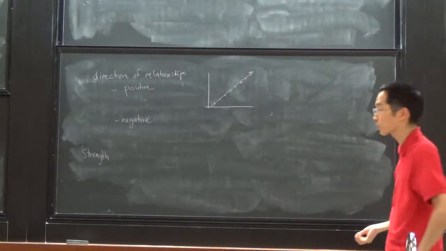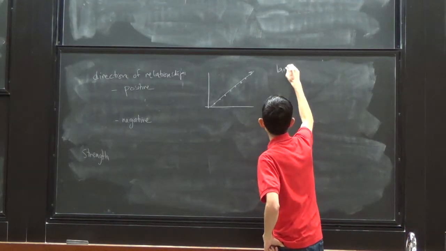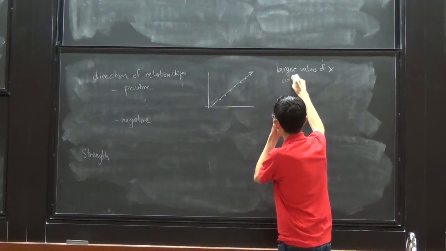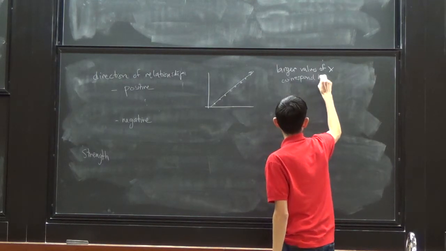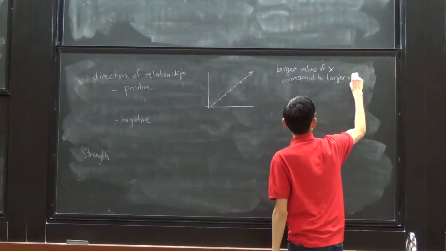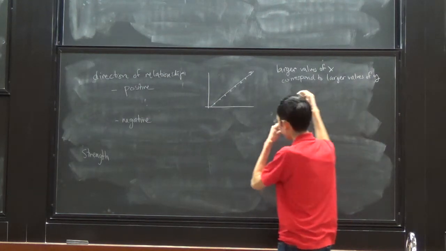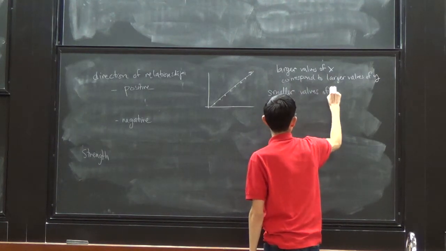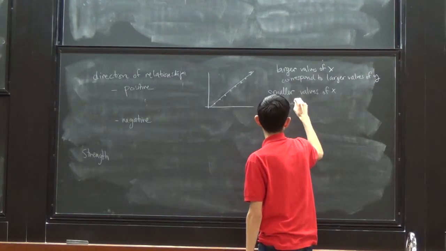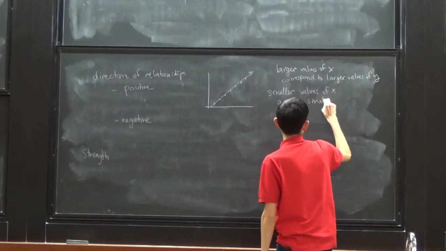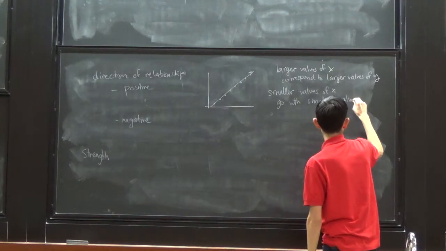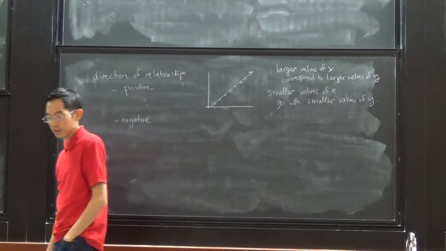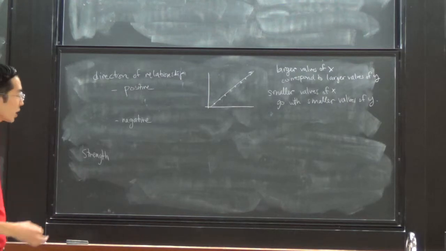Larger values of x correspond to larger values of y, and smaller values of x go with smaller values of y. Okay. So the snake's length and weight, positive relationship.